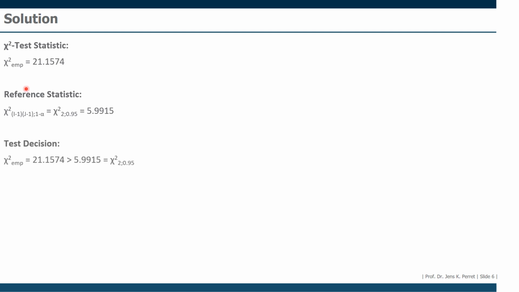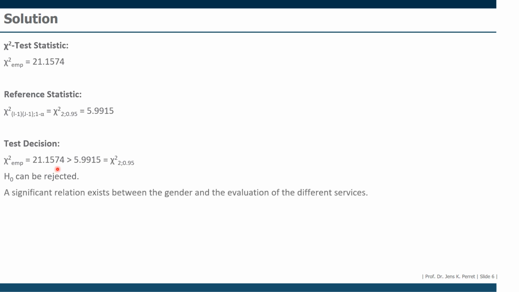That's my test decision. I'm comparing these two values and I see that the test statistic is much larger than the reference statistic. This means I can reject my H0 hypothesis. In this case, the H0 hypothesis means that there is no relation between the two variables. Since it's rejected, the opposite is true.